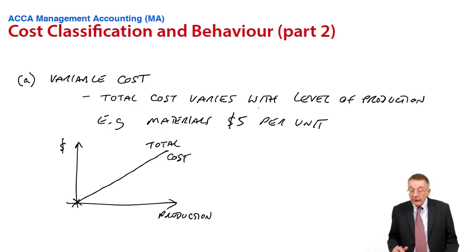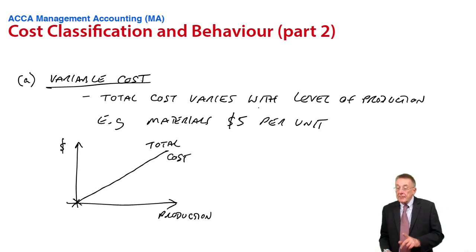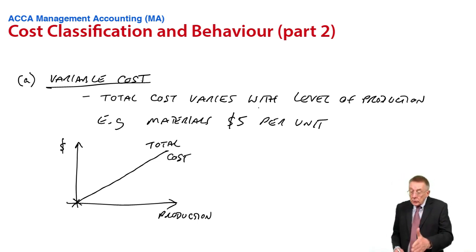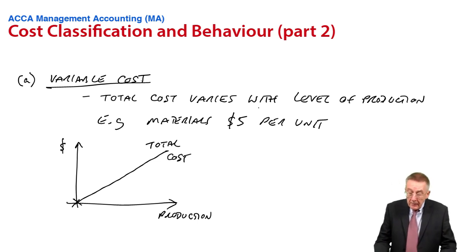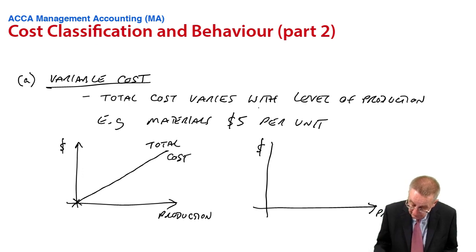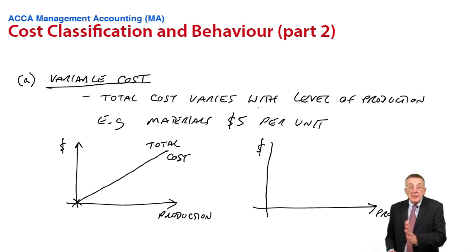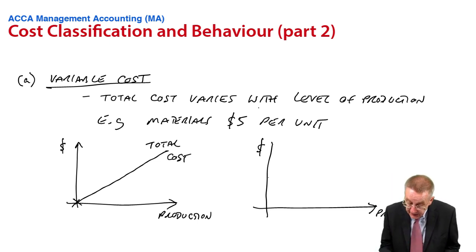So that's what we call a variable cost. And be careful in the exam, be very careful. The total cost you'd expect to go like that, but the cost per unit, surely if materials are $5 a unit, doesn't matter how many we produce, it'll stay at $5.